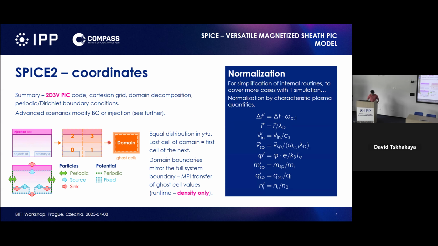We are using only MPI so far because there is some legacy to the code, and we have some obstacles to overcome. Basically, we have periodic boundary conditions along the y-axis and some sources and sinks in the z-axis. Sources are basically the plasma bulk itself, and some secondary electrons coming from the surfaces.